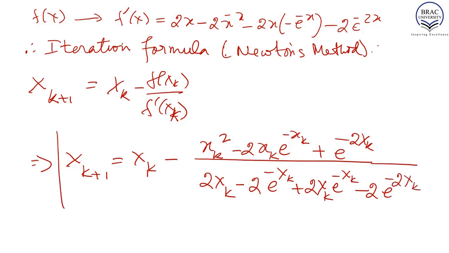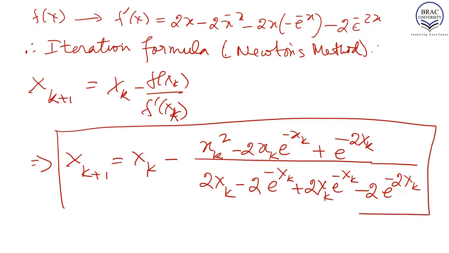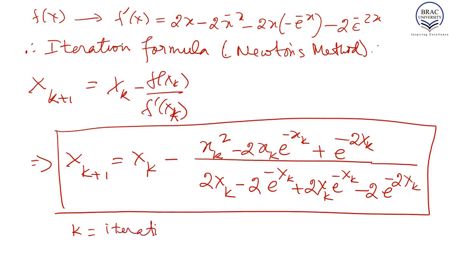This is our iteration formula. So k is the iteration number here.